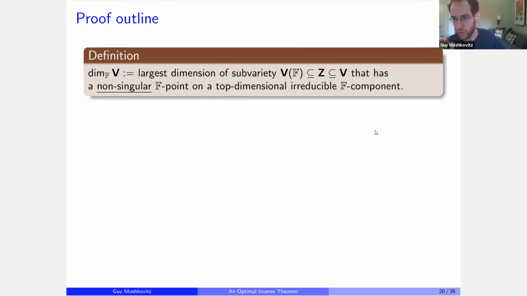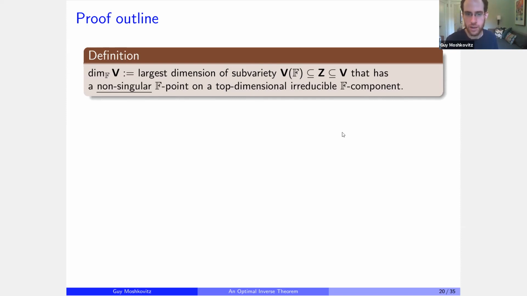Okay, not just a non-singular point, because every variety contains non-singular points. I want there to be a non-singular F point on a top dimensional component, which is also defined over F, so cut out by polynomials over F. You can think of it as some kind of generalization of the notion of dimension when we're talking about some base field which is not algebraically closed.